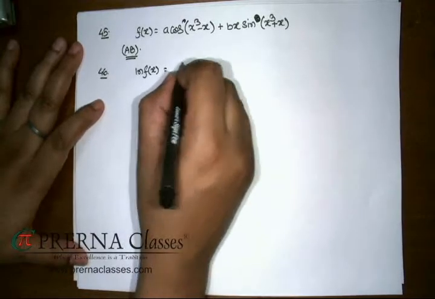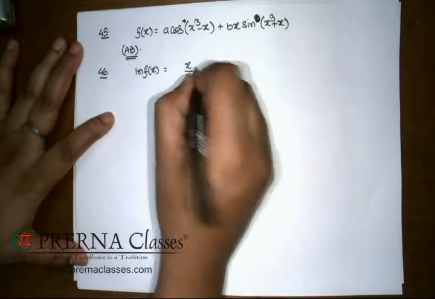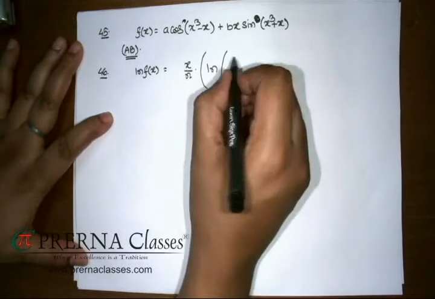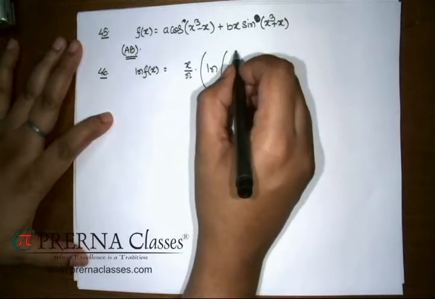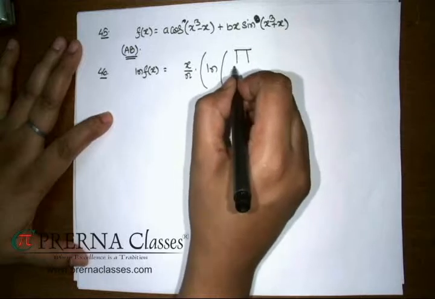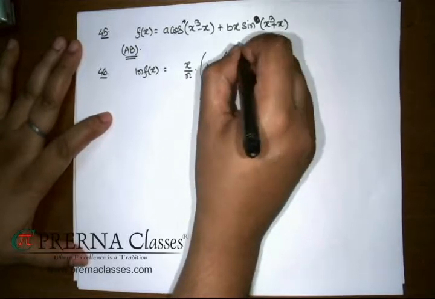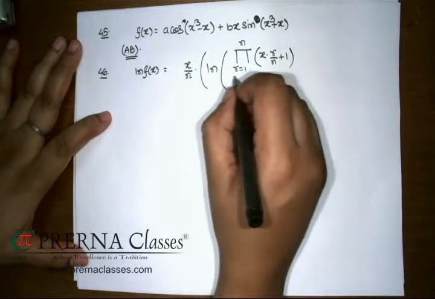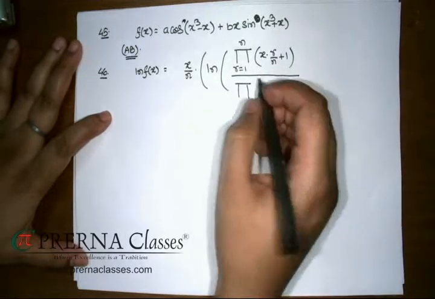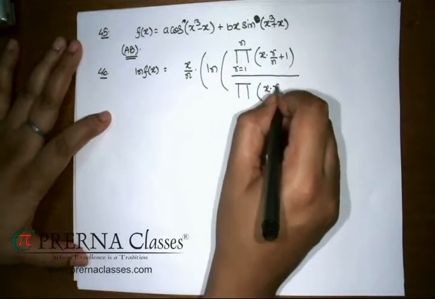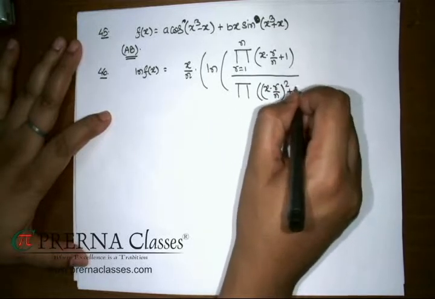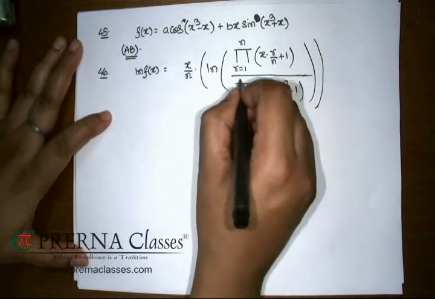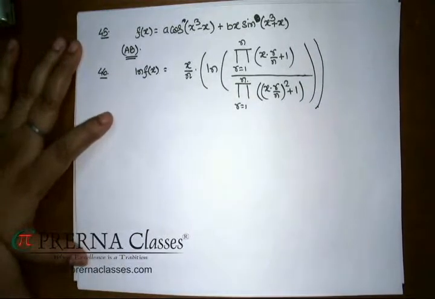If I were to take ln on both sides, you can check you have x by n outside, and then you have this kind of expression.